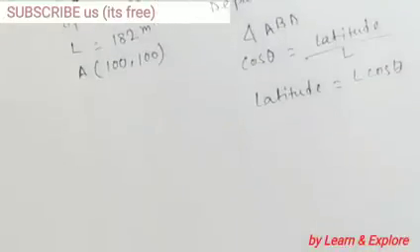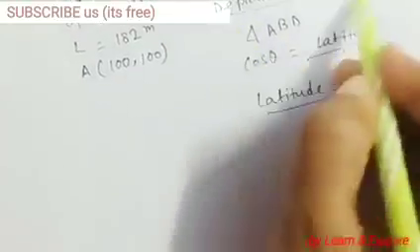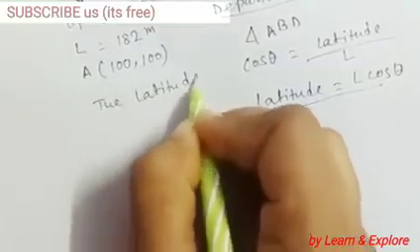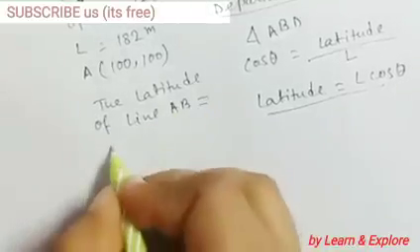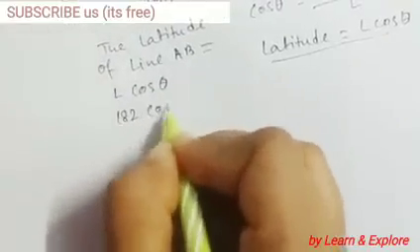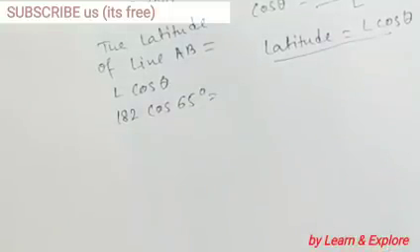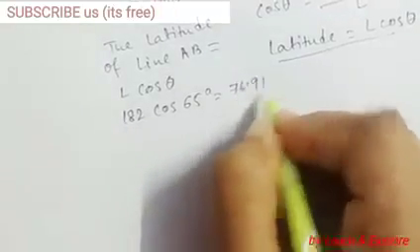So we have to find out the latitude and the departure. The latitude of line AB is L cos theta, that is 182 cos 65 degrees. We calculate the value with the help of a calculator. The value is 76.91.